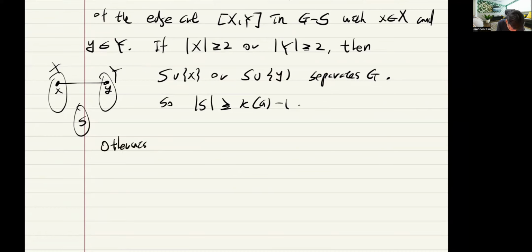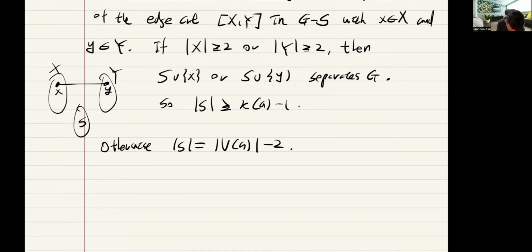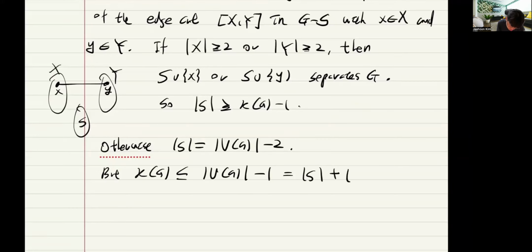Otherwise, if the number of vertices is S plus 2, but by definition, connectivity is at most the number of vertices minus 1, which is S plus 1. So S is again at least the connectivity minus 1. So in any case, we have this inequality.